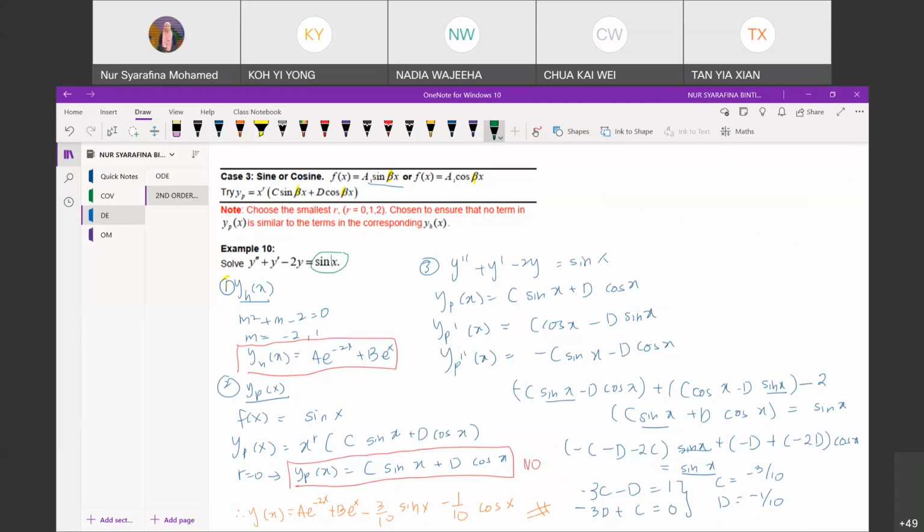So beta should be 1. Any more questions? The roots are minus 2 and 1, right? The yh is correct. No more questions?